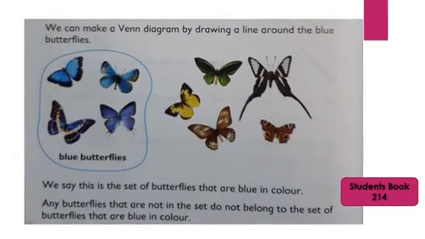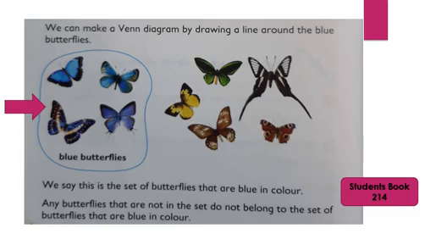So we can make a Venn diagram by drawing a line around the blue butterflies. We say this is the set of butterflies that are blue in color. All the butterflies that are blue in color were grouped together using a line or circle.